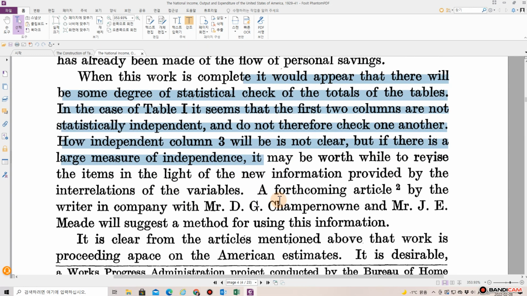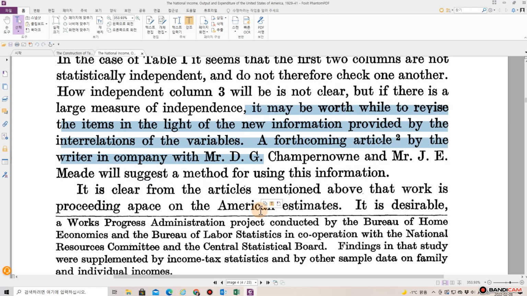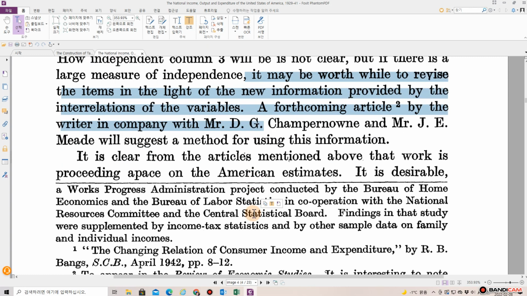How independent column 3 will be is not clear, but if there is a large measure of independence, it must be worthwhile to revise the items in the light of the new information provided by the inner relations of the variables. A forthcoming article by the writer in company with Mr. D.G.